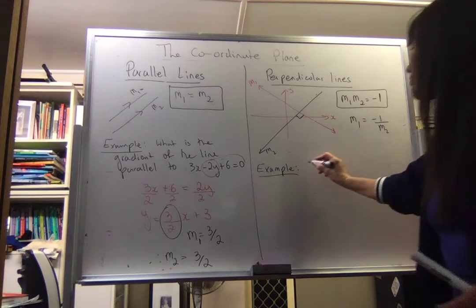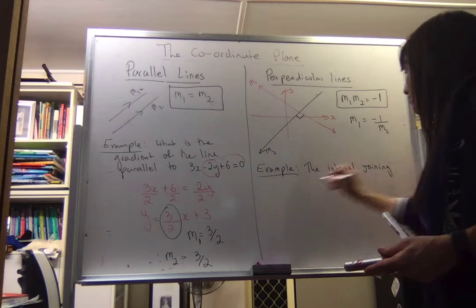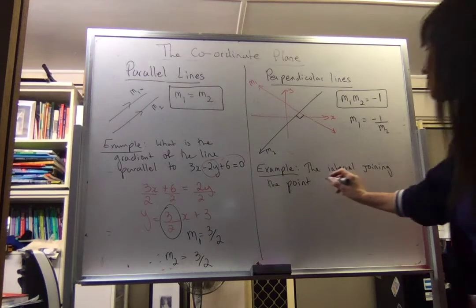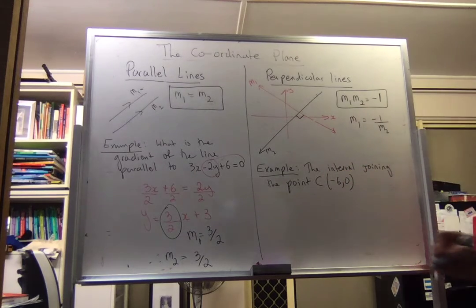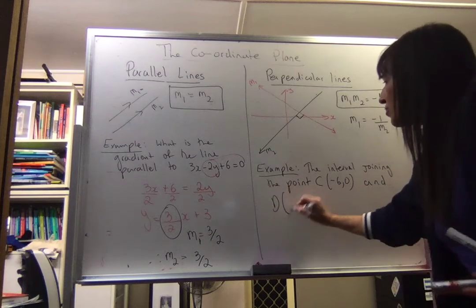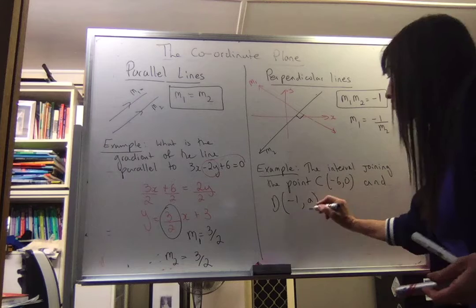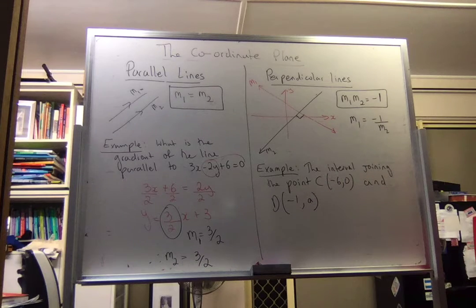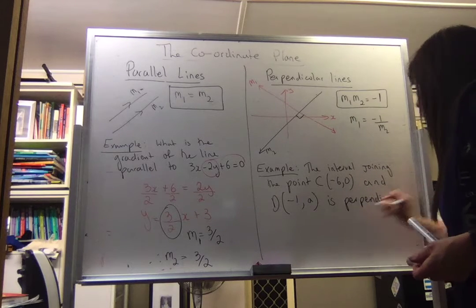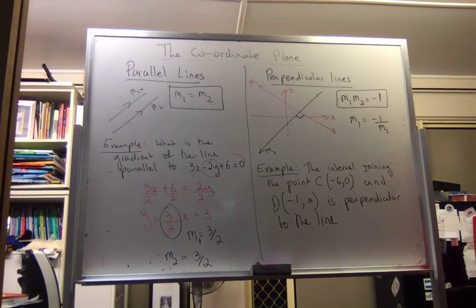The interval joining the points C, which is -6, 0, and D, which has coordinates -1, a, is perpendicular to the line with gradient 10.